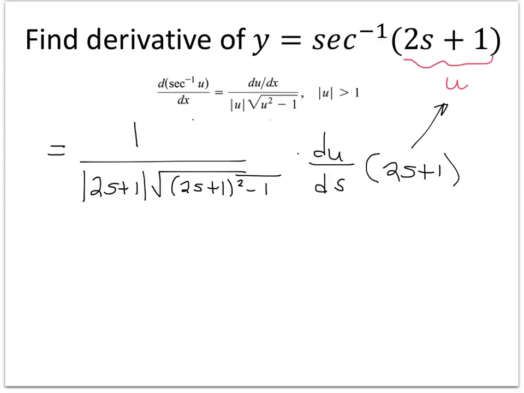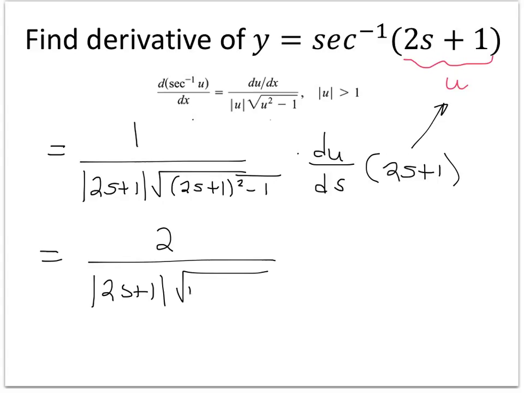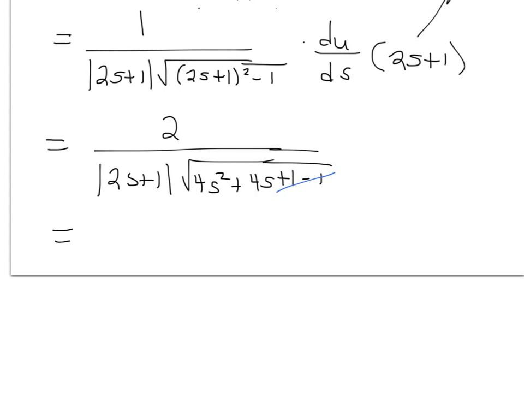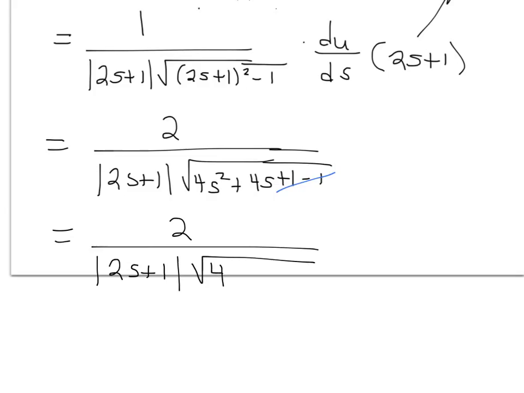As you can see, the derivative of the inside is just 2. So I'll write that 2 up top over 2s plus 1. I'm going to go ahead and square out the bottom, and you'll see why. So I get 4s squared plus 4s plus 1 minus 1. That's the reason why. That cancels out. Alright, and so now I have this 2s plus 1 absolute value. And now I'm going to factor out a 4 in the bottom, so I get s squared plus s.